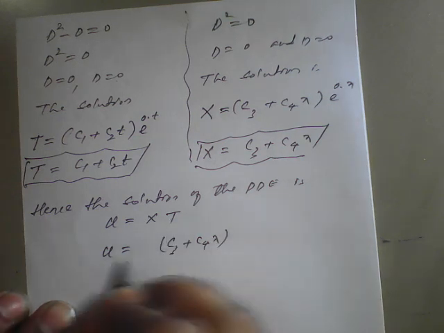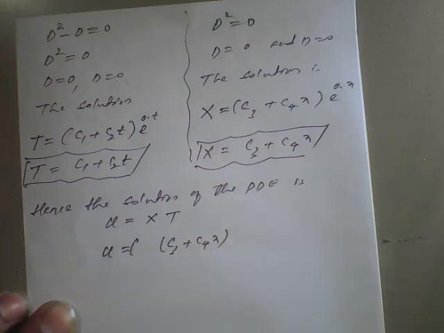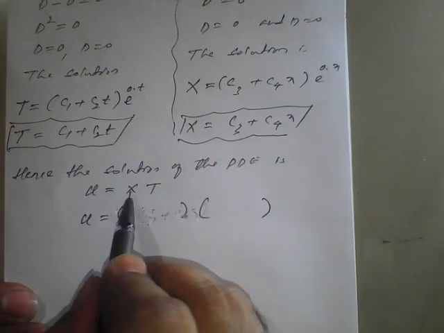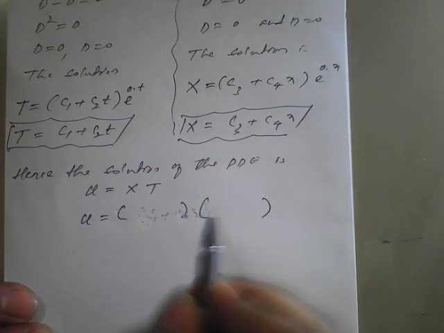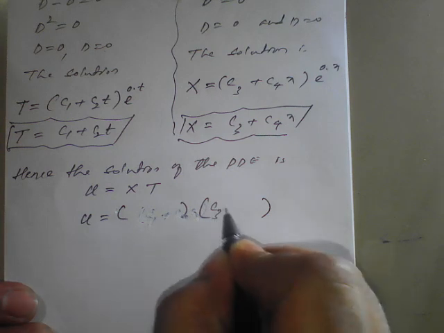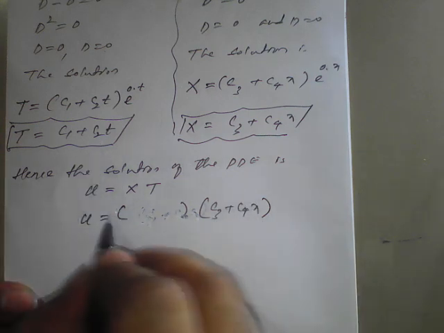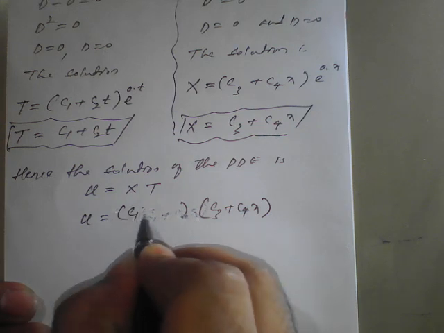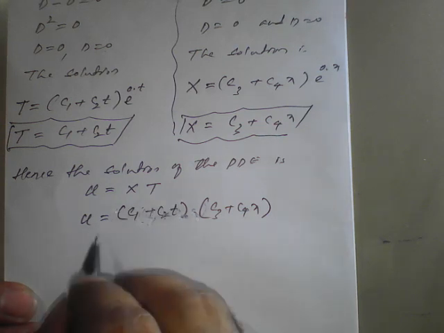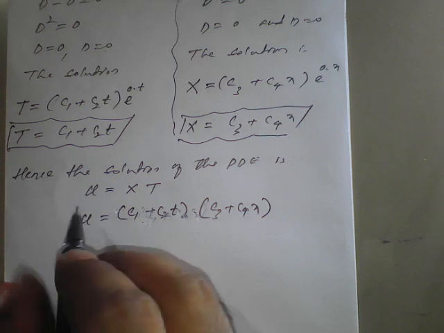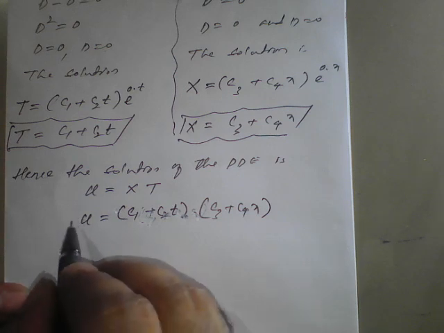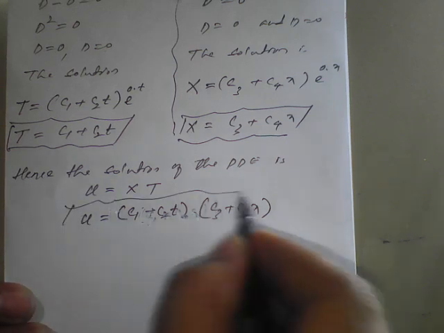Instead of writing here, I am writing in the beginning, so x into t: x value is c3 plus c4x and t value is c1 plus c2t. So this is the solution when k is equal to 0.